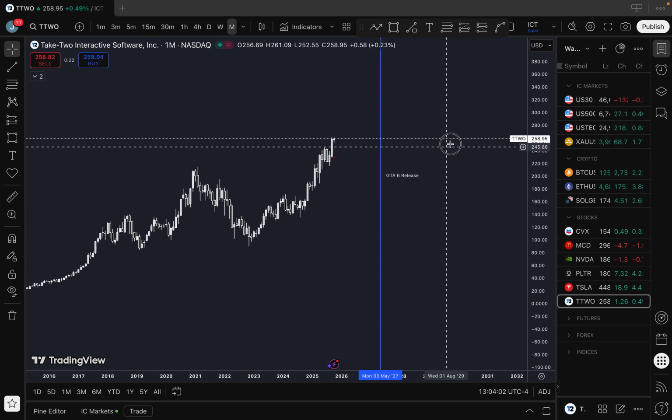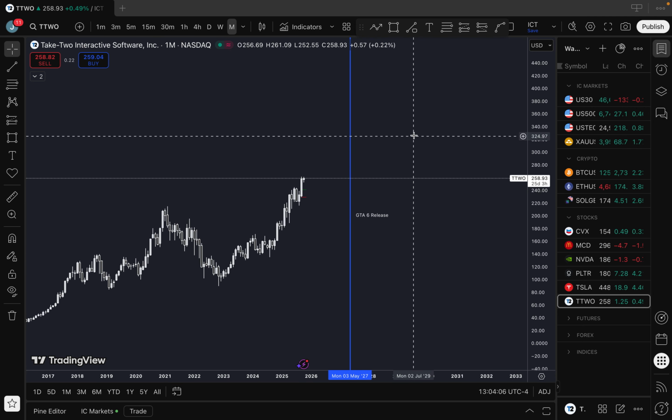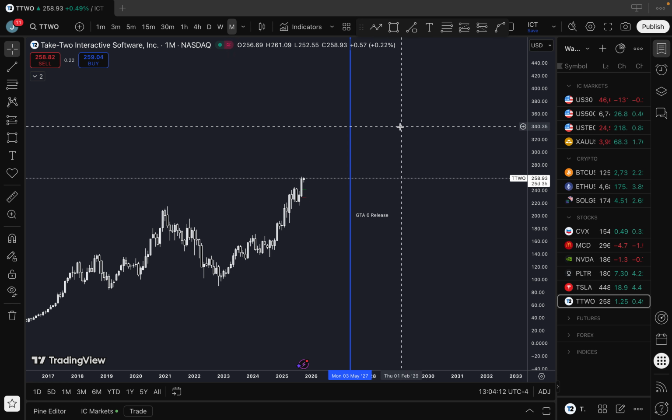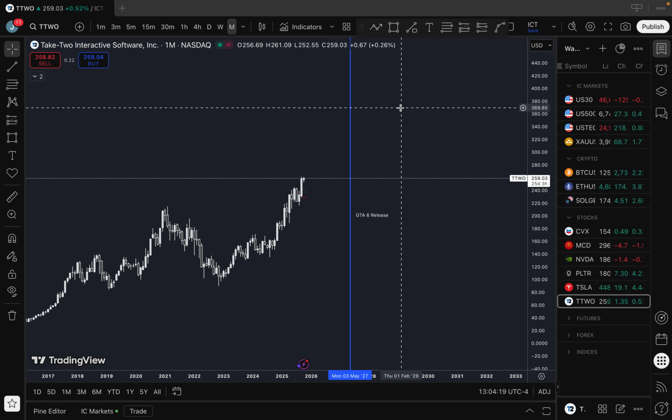I wouldn't be surprised if you see share price come over 350 over the next couple of years. 350, 400 is definitely possible with GTA 6. You think about online and all the revenue they're going to generate, everyone is going to be playing GTA 6. It'll be the biggest game in the last 13, 14, 15 years.